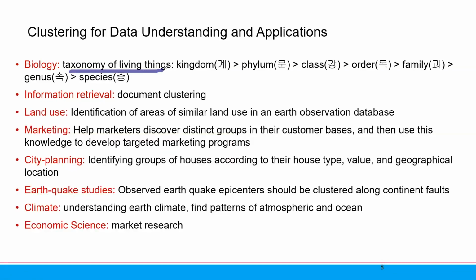Taxonomy means, when you are studying biology, you know about the species, genus, family, order, class, phylum, kingdom, which is the highest level of biology. So they try to understand living things based on similarity.